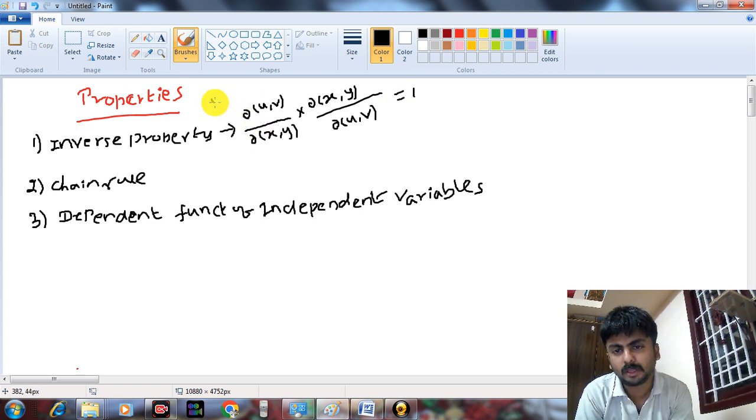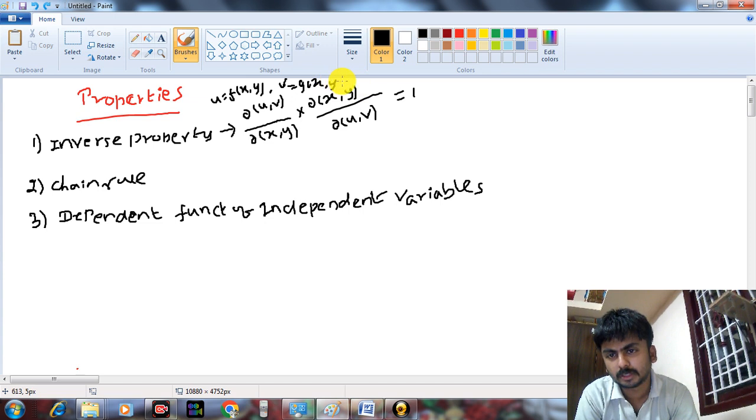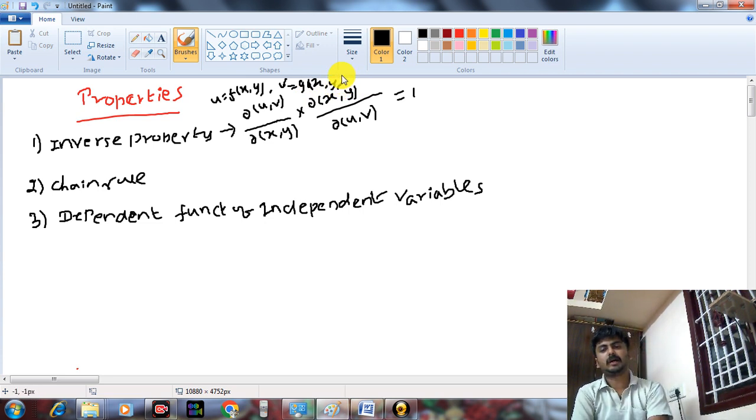If u and v are functions of x and y, suppose I take u equal to f of (x, y) and v equal to g of (x, y), then we will have this property.